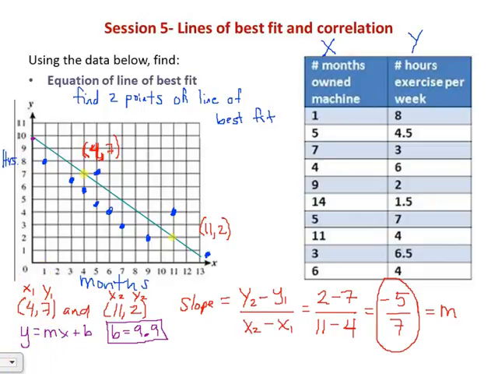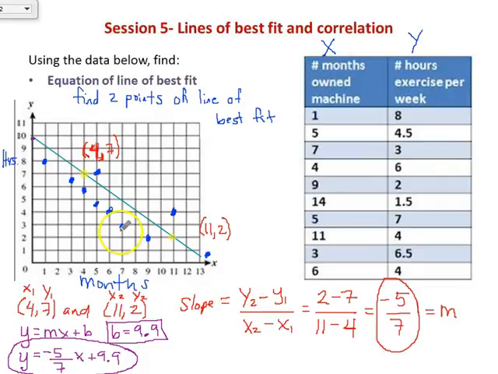So I'm going to plug that in. My equation would be y equals negative 5/7 x plus 9.9. That's the equation of our line of best fit.